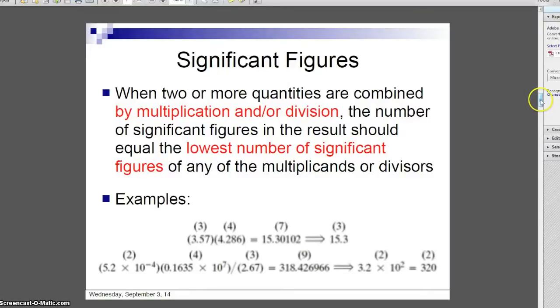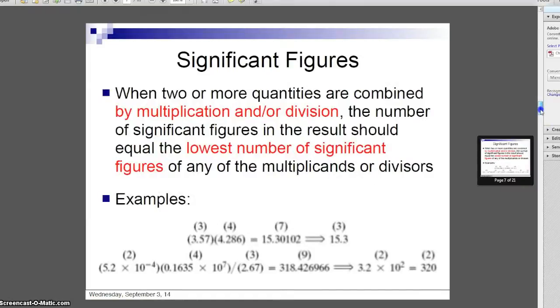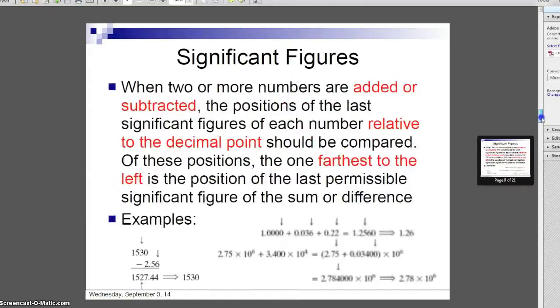Alright, then let's move to the next section, and still significant figures. What we discussed before is multiplication and division. Now we discuss addition and subtraction.